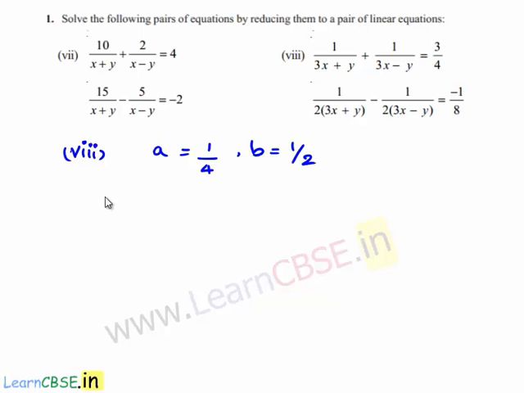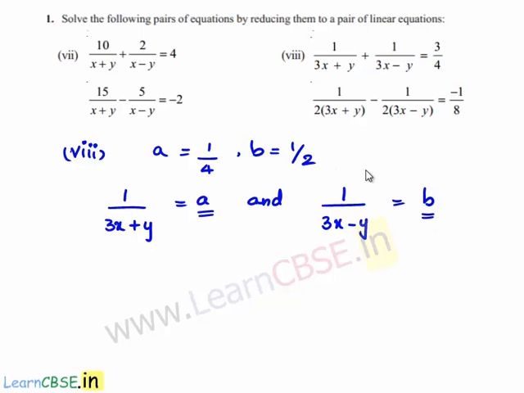In the beginning, we have assumed that 1 by 3x plus y is a and 1 by 3x minus y is equal to b. So now in place of a, let us write 1 by 4, and in place of b, let us write 1 by 2.